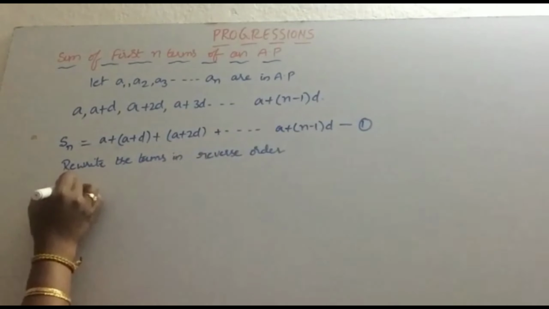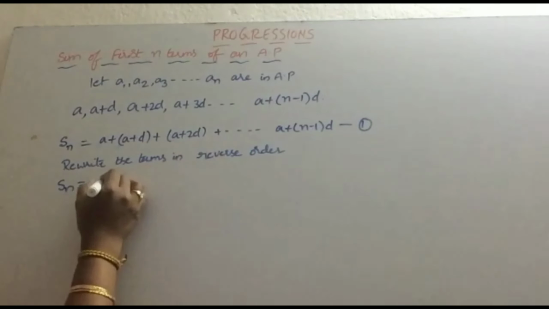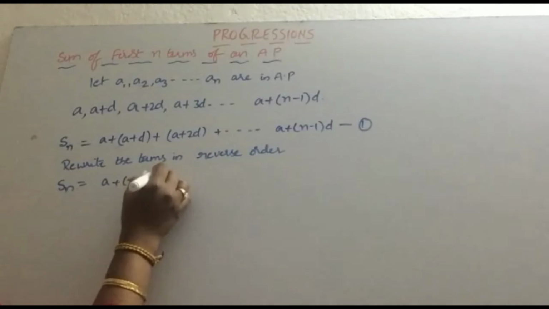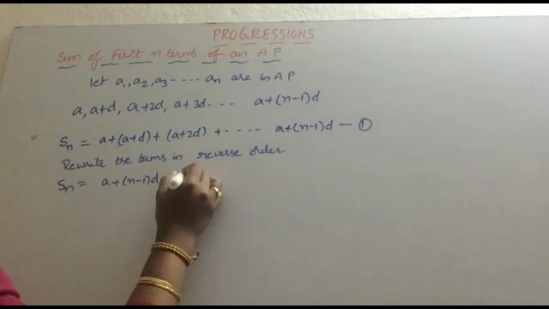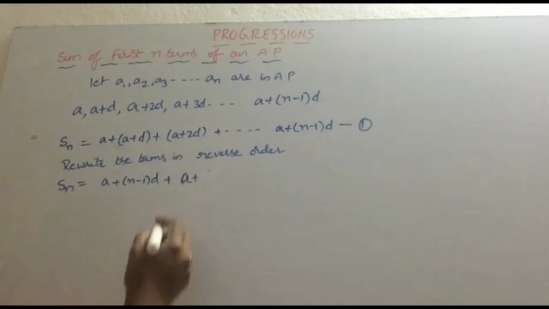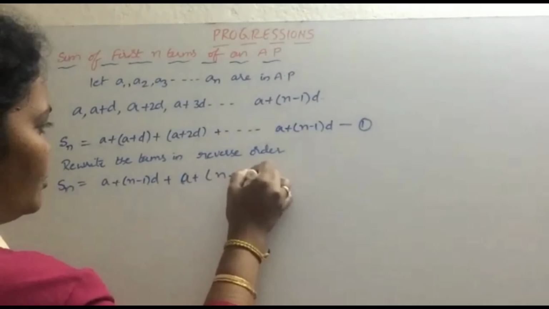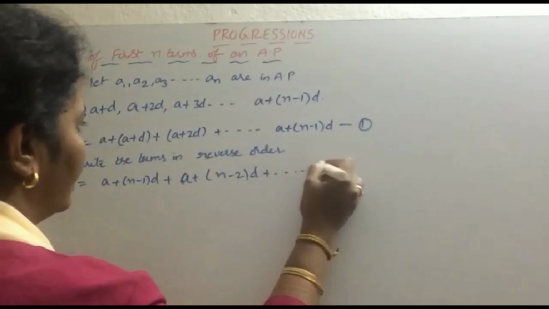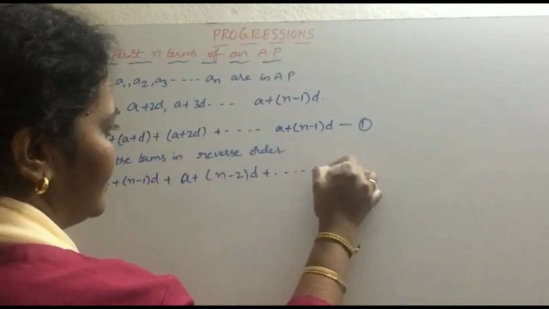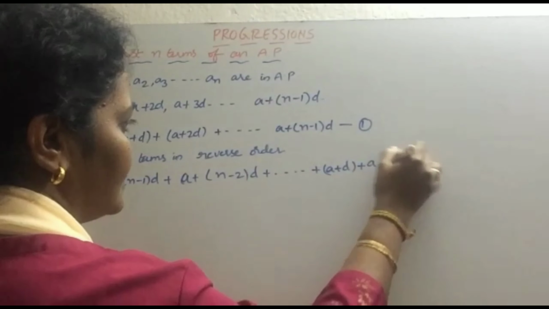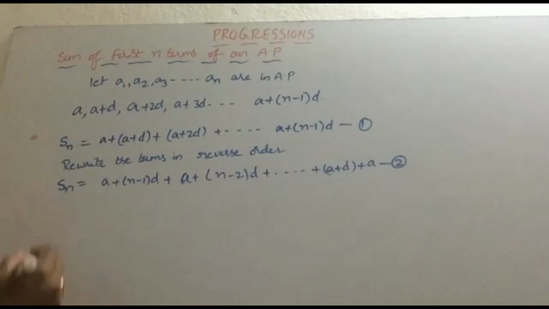Then we get Sn equal to a plus n minus 1 into d plus a plus n minus 2 into d plus and so on plus a plus d plus a. I will take this as equation number 2.